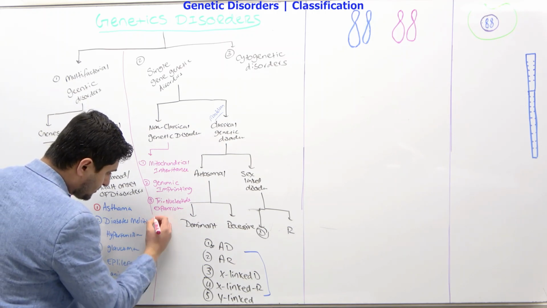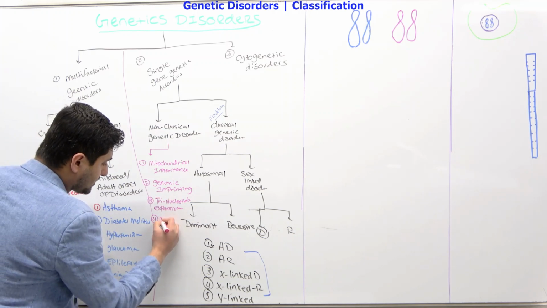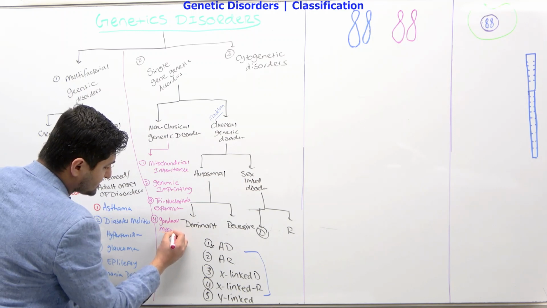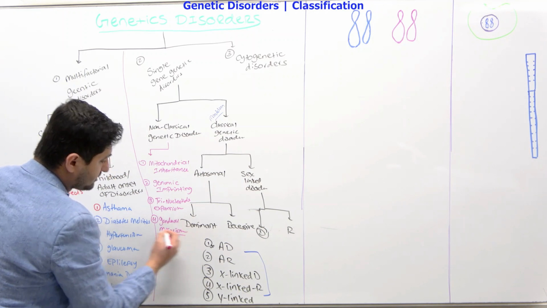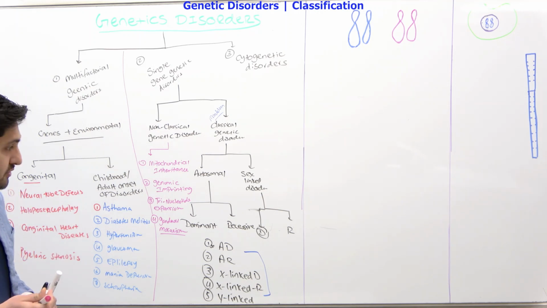And the fourth one is called gonadal mosaicism. So these are the most important ones that you have to remember.